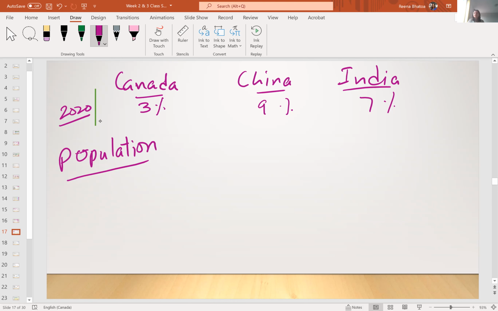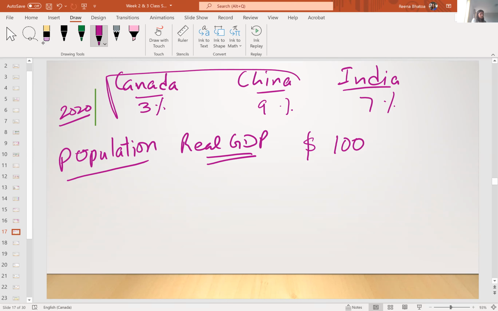So let's say, ignore the growth rate right now. Let's say the real GDP. Real GDP in these economies, okay? Let's say it is, yeah, in terms of dollars. So let's say real GDP is 100. Okay, let's take 2 countries only.